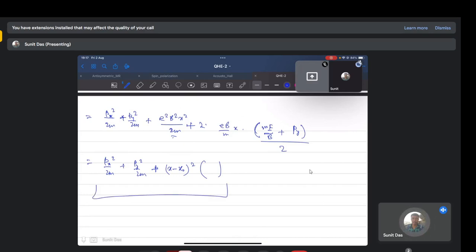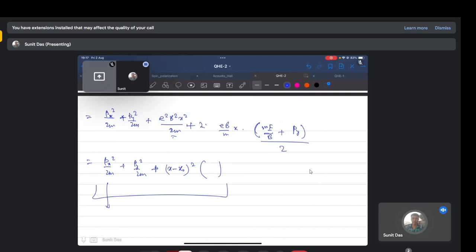This is again kind of py will be like a free particle. And then px will be dependent on x, so it will not be translationally invariant along x, and then we'll get some extra terms.